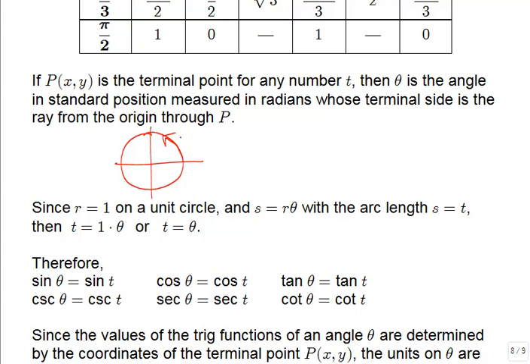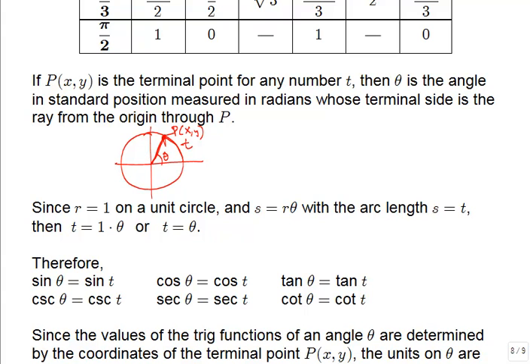If this is our t, this distance around our circle, and our terminal point P is this x comma y, then theta is this central angle from the positive x-axis up to where that terminal point is if I draw this little ray going out. So theta would be this angle in standard position.